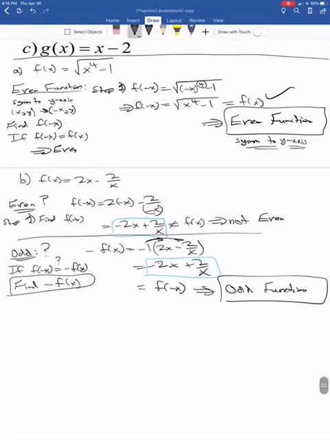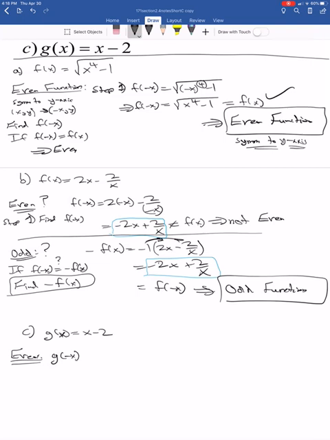All right, looking at example C, let's do our last one. Now example C, I've got what? A linear function, a line. Shouldn't take long to prove or disprove symmetry with this one. As we go to the even test, let's find f of negative x. Well, in this problem we're dealing with g, so we'll stick with the function name.